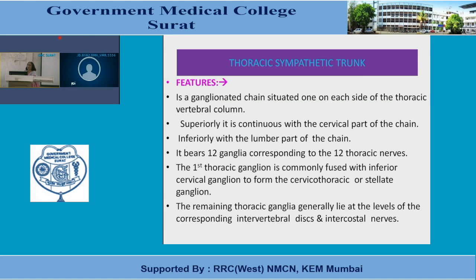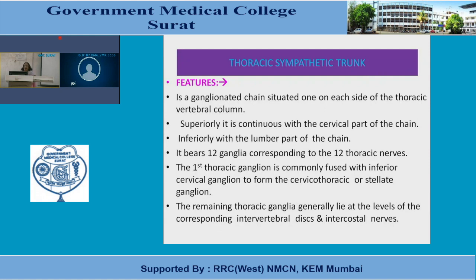Superiorly, it is continuous with the cervical part of the chain. As I told you, the chain is divided into different parts according to the region. So superiorly, it is continuous with the cervical part, and obviously inferiorly with the lumbar part of the sympathetic chain in the abdominal region. Right? The cervical part is in the head and neck region.